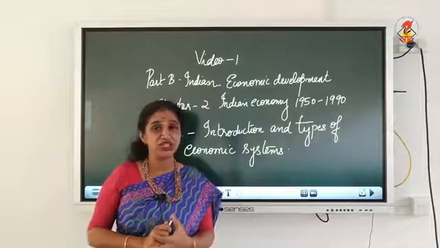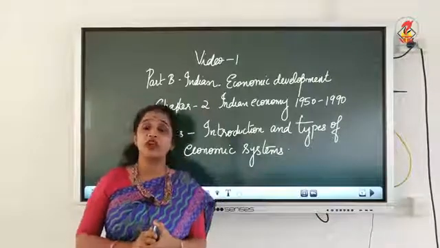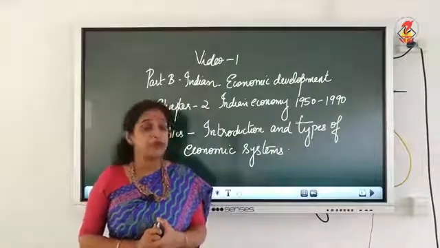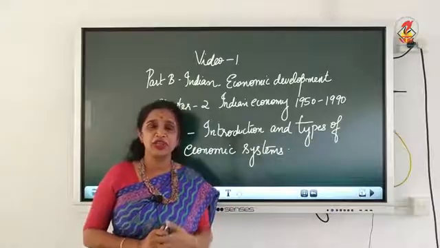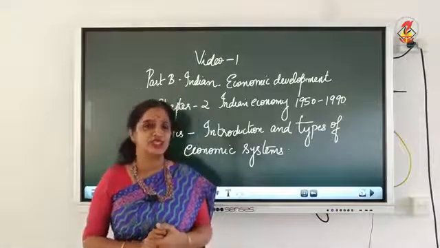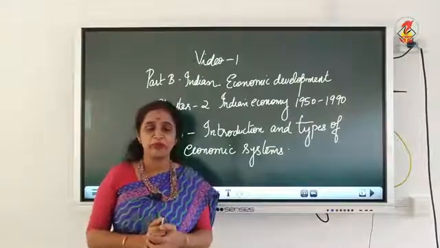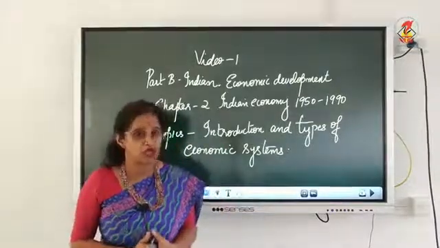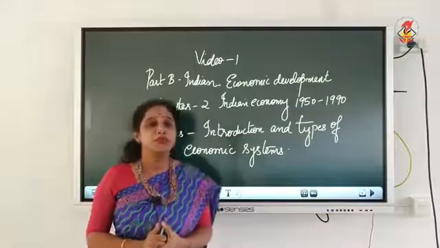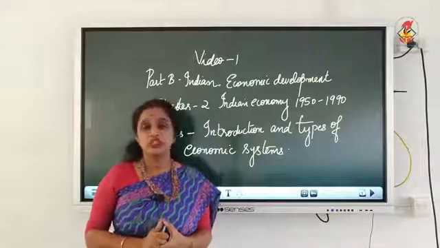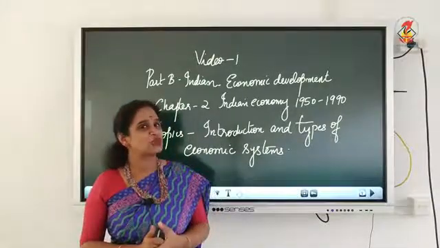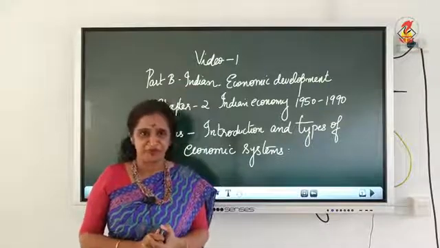You learned how Britishers converted our prosperous economy to a stagnant, amputated, backward, depleted economy. So, from that condition, how to bring the Indian economy back to its olden days' prosperity, that was the main aim of the Indian government.